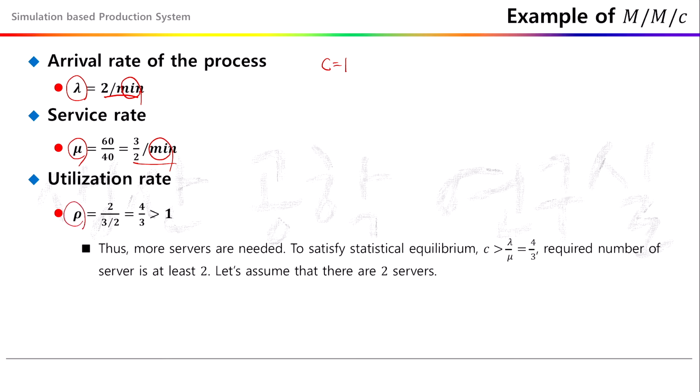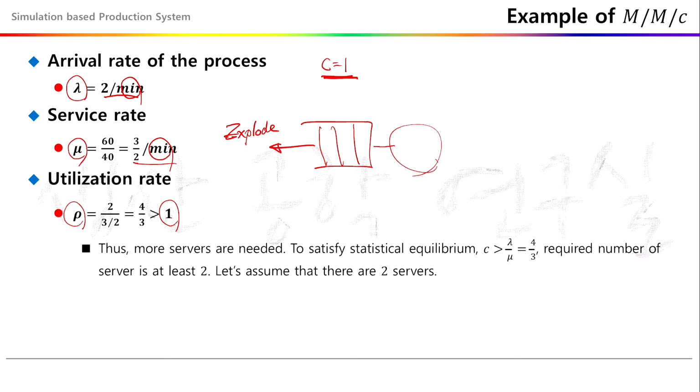Then utilization becomes larger than 1. It means that if we stay here, then this ticket counter's queue, the waiting area, will explode to infinity as time goes on.